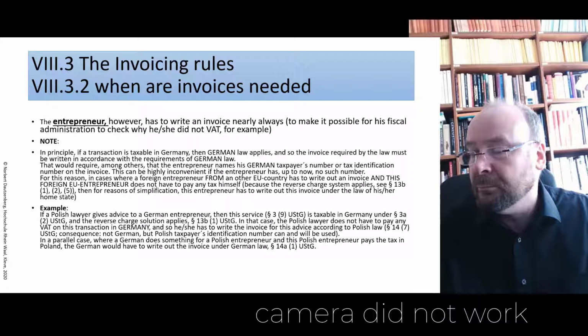So it's clear that an entrepreneur from outside Germany, before that person can write out an invoice confirming German VAT, needs a VAT identification number from Germany or a German taxpayer's identification number. That brings along the nice side effect that you cannot even invoice your customer before you got that taxpayer number.